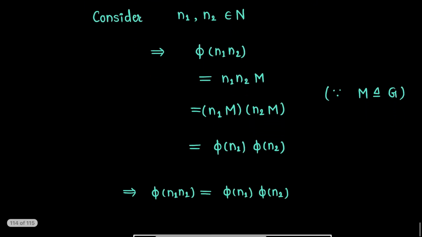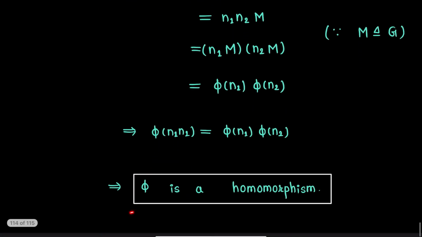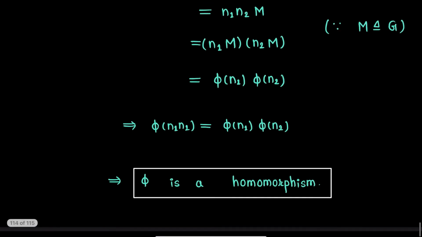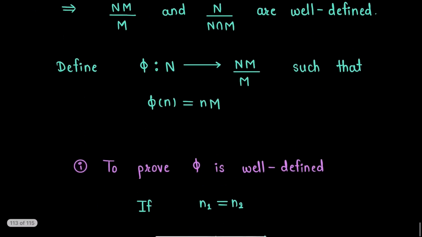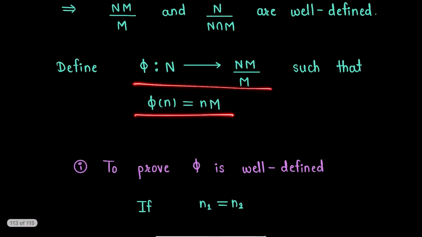So we get phi of n1n2 is equal to phi of n1 phi of n2, and therefore phi is a homomorphism. Thus our map phi defined here is a well defined map which is an onto homomorphism.